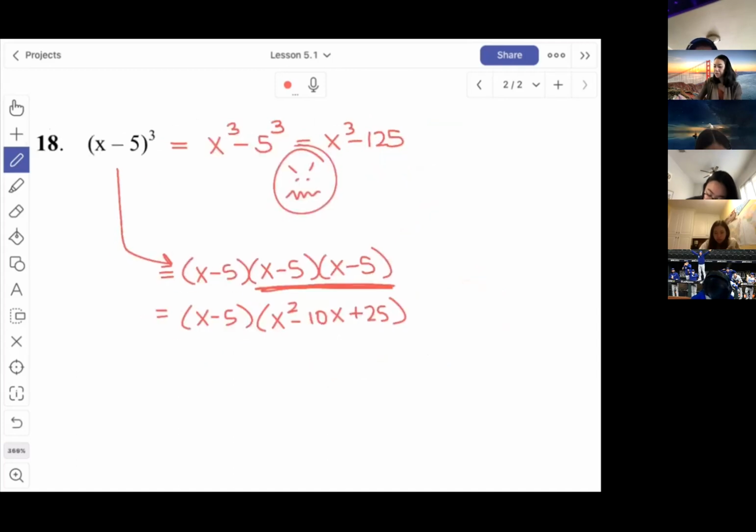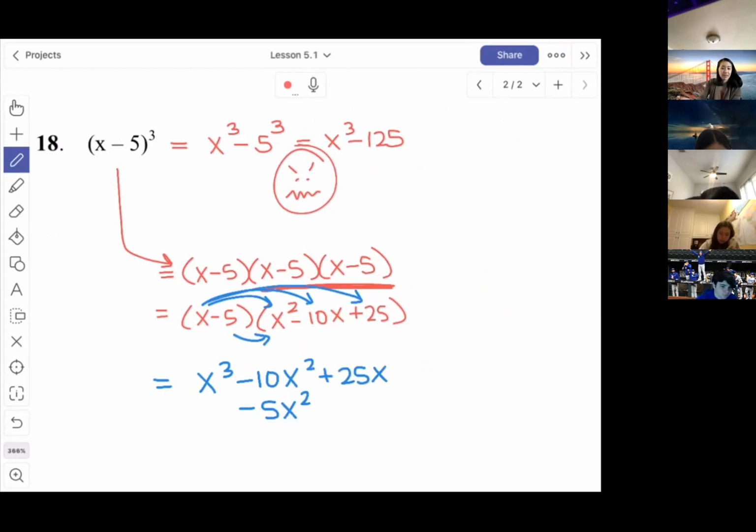And then I distribute. I'm going to distribute the x to get x cubed minus 10x squared plus 25x. And then I'm going to multiply the negative 5 by x squared and put it underneath the negative 10x squared, stacking my like terms, plus 50x minus 125.